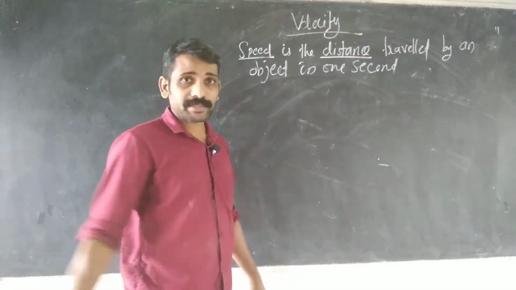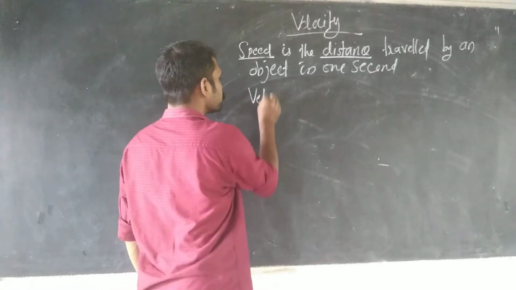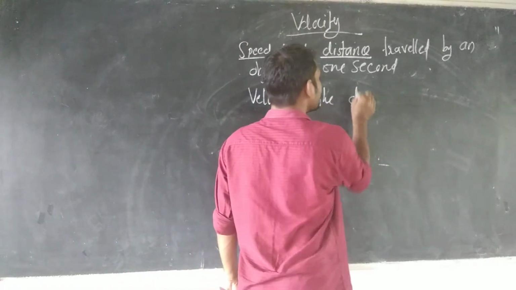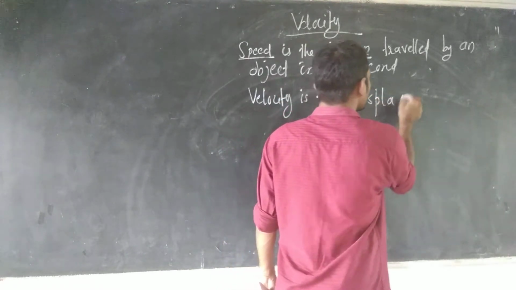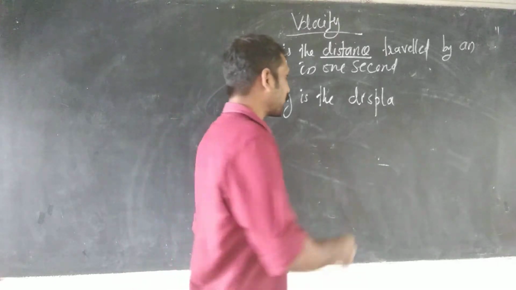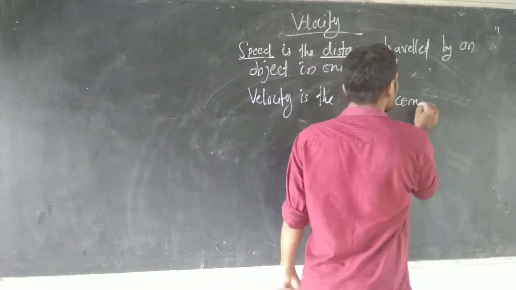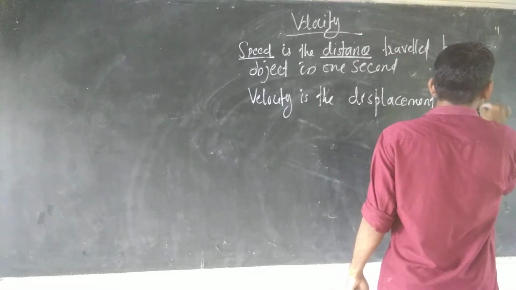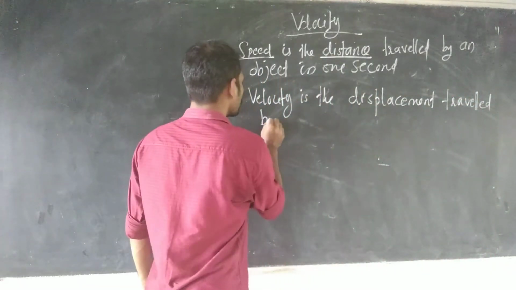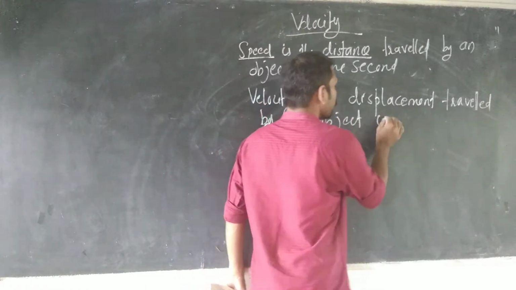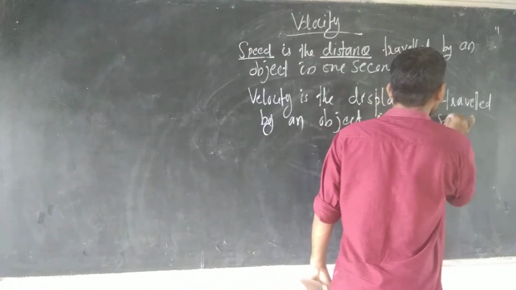So what is velocity? Velocity is the displacement. We studied the difference between distance and displacement. Velocity is the displacement travelled by an object in 1 second.